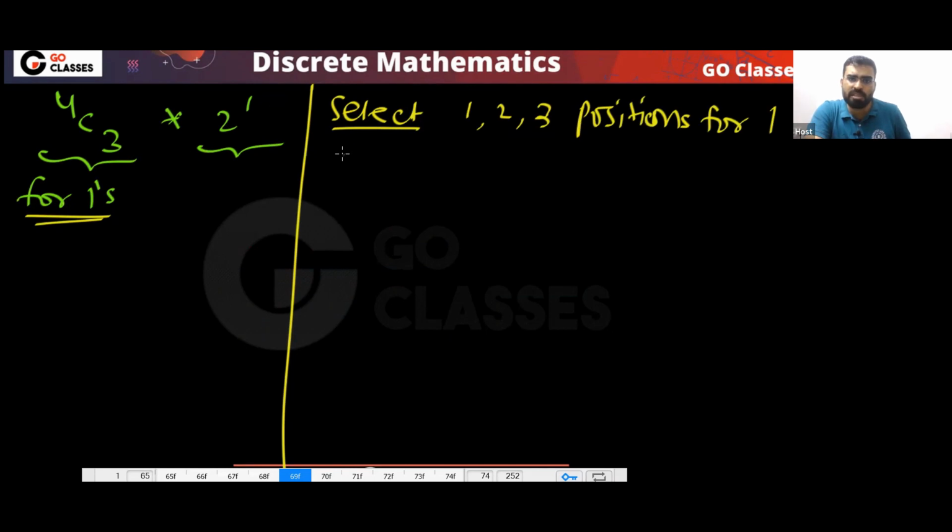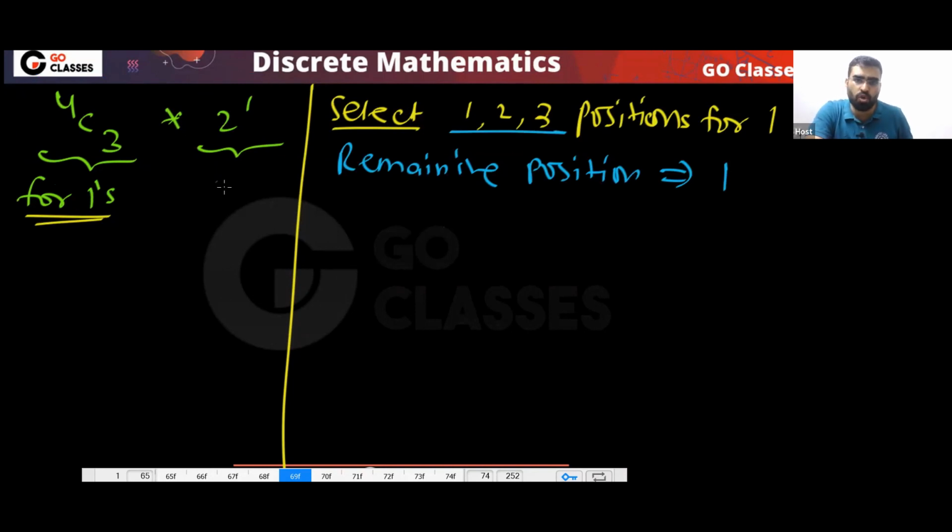In the remaining position, can I allow 1? I can allow 1. This is possible, correct? Because you are selecting 3 positions for 1, and the remaining position can have 0 or 1. So this is one possibility.